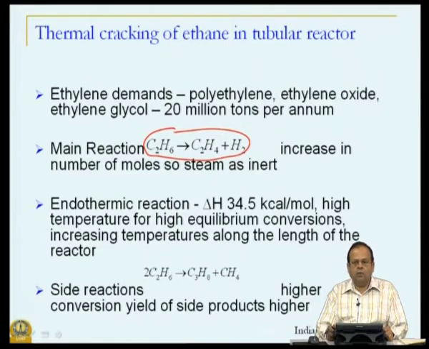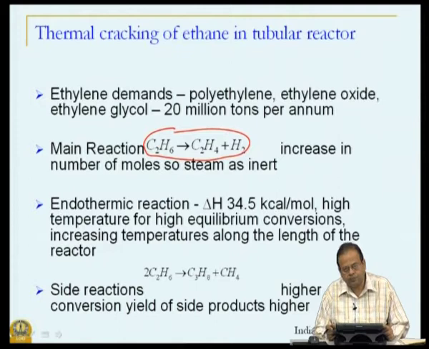So, even otherwise we will have to keep heating this system to maintain isothermal temperature. And if you want to achieve increasing temperature profiles along the length of the reactor, we will have to adopt some novel strategy, so that the temperature not only remains constant, but keeps increasing along the length of the reactor.